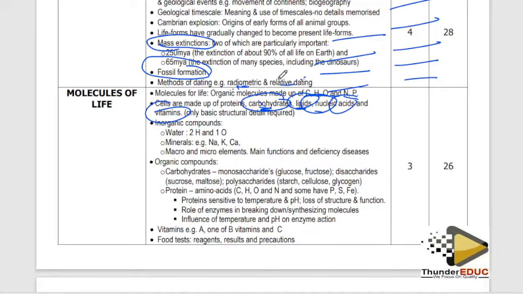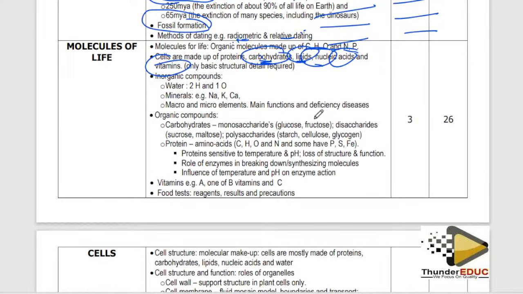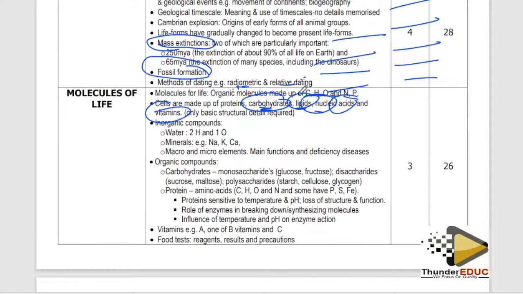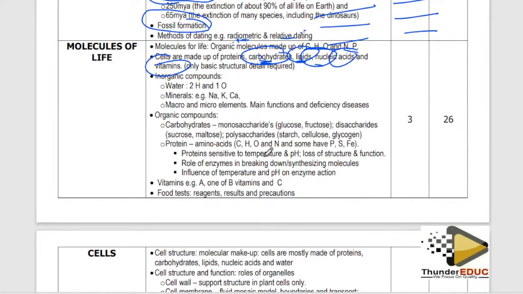Then another thing I should emphasize is food testing. After reading these compounds, you have to know how to test them. How do you recognize them? We said proteins, what do you use? Use biuret reagent. For starch we use iodine solution, which turns blue-black. The biuret test turns from blue to purple.